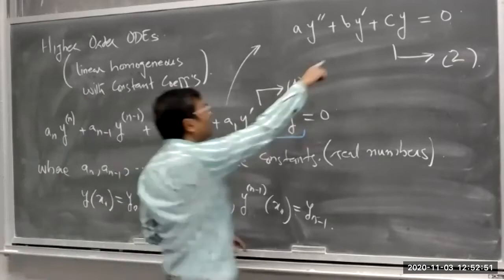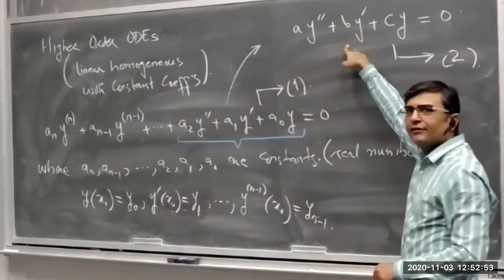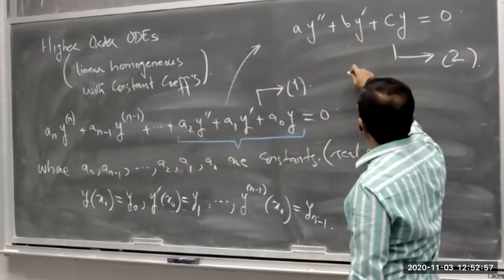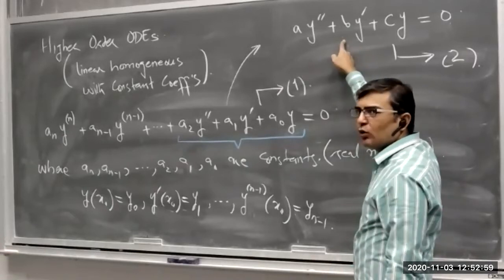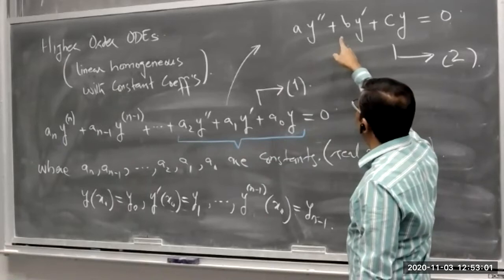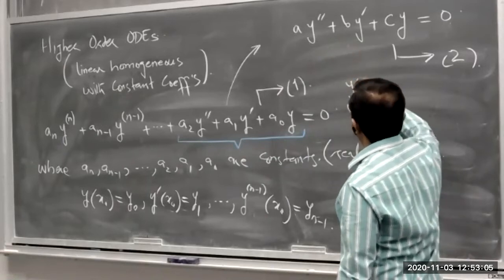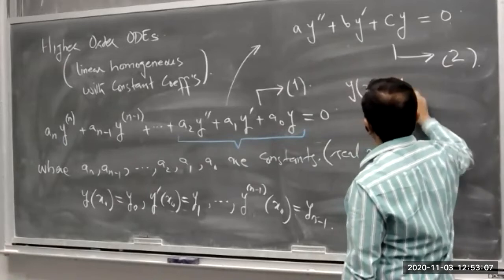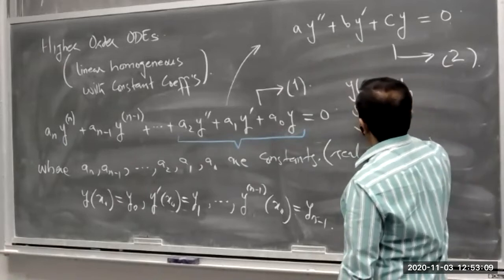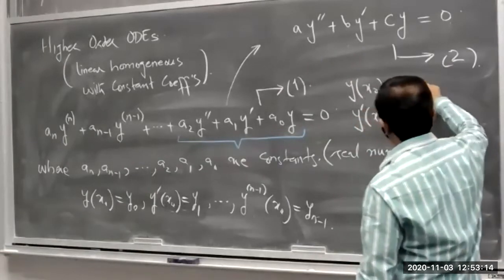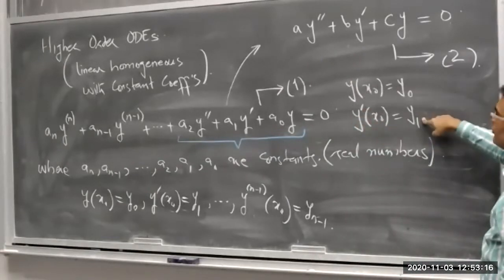So if we have a second order differential equation of the similar kind, how many initial conditions do we have along with this differential equation in order to write the initial value problem? We must have two initial conditions: y at x naught is y naught, and y dash at x naught is y1, where y naught and y1 are some constants.